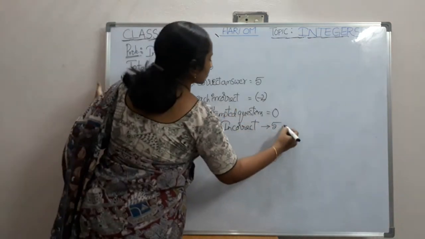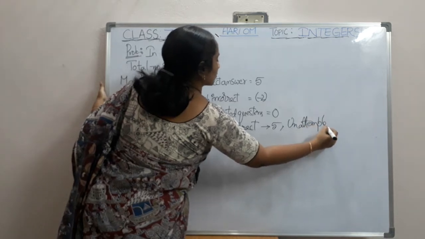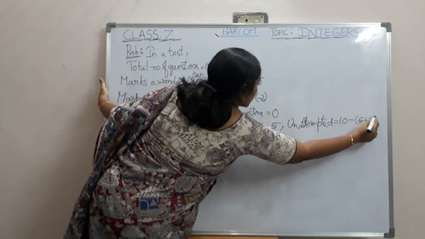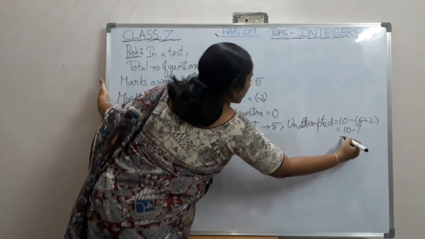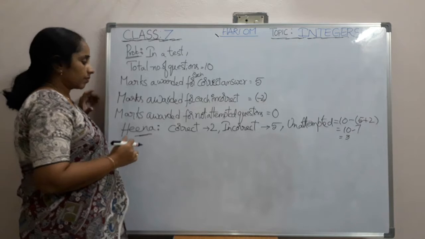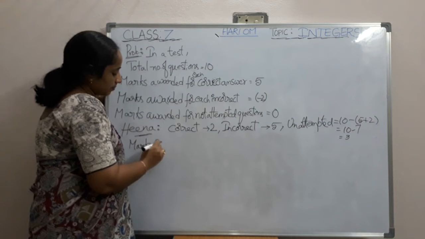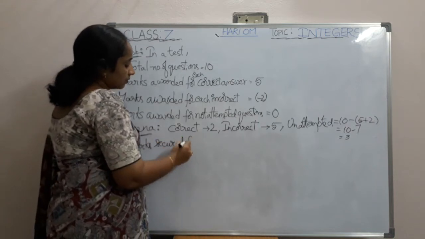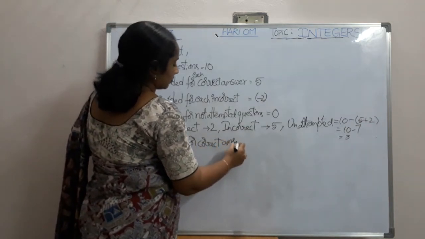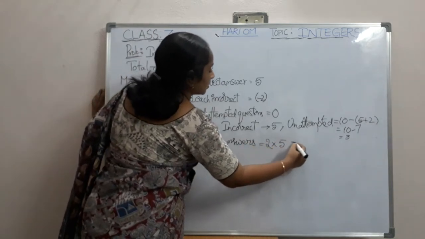That is 10 minus 7, so 3 questions were not attempted by her. Now, marks secured for correct answers: it is 2 into 5, 10.